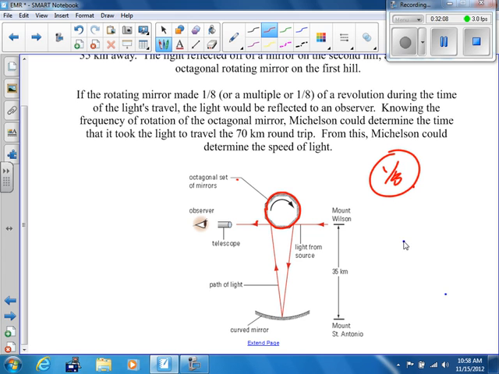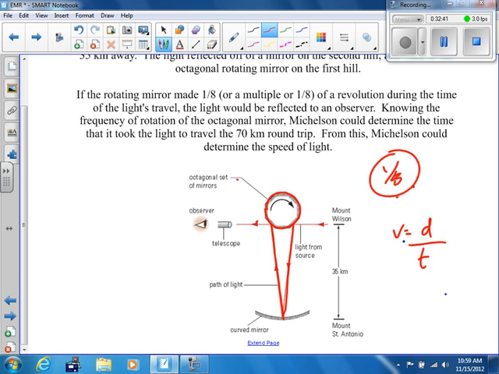If we know that, and we know the frequency of the mirror, how many hundreds of revolutions it's making per minute, then we're able to determine how long it took the light to travel that far. And we know the distance that it traveled, 35 kilometers there and 35 kilometers back, 70 kilometers. If we know the distance and by calculation the time, then we can calculate the speed using that old equation again, v is equal to d over t.